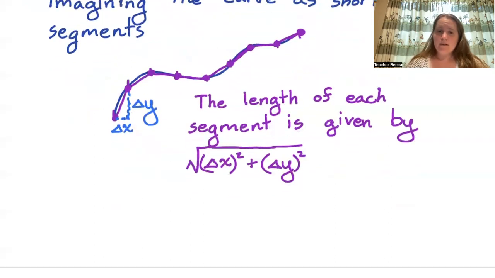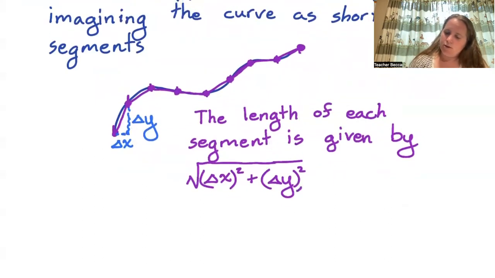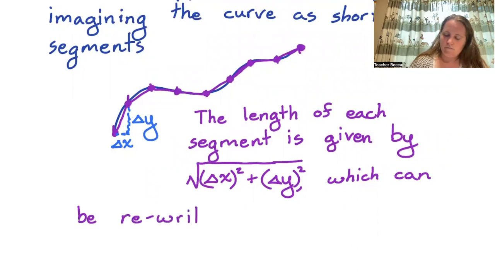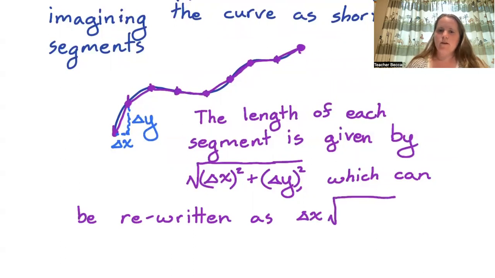This, however, can be rewritten. Delta x we can pull out front, times, inside the square root, we will have a 1. Delta x squared inside a square root becomes delta x outside. We will have 1 plus, we would then be left with delta y over delta x, all things squared.